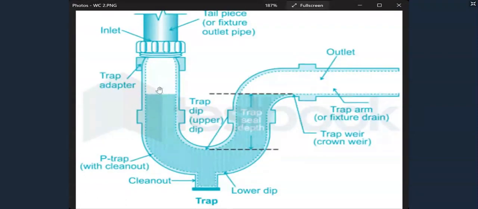So what happens is that when you flush, remember this gas has been accumulating, and so there's a pressure buildup. When you flush, as the water goes to the septic tank or out, these gases rush towards the toilet.